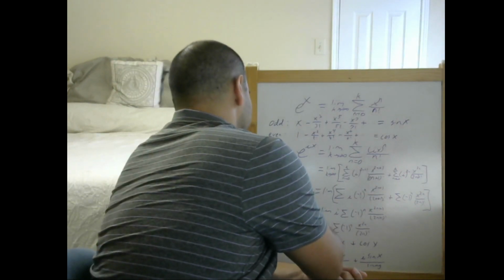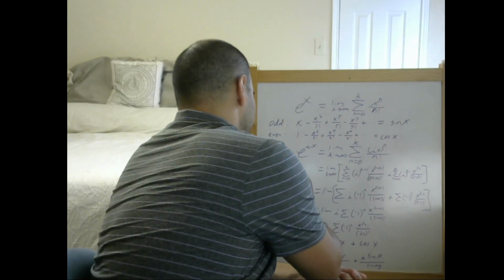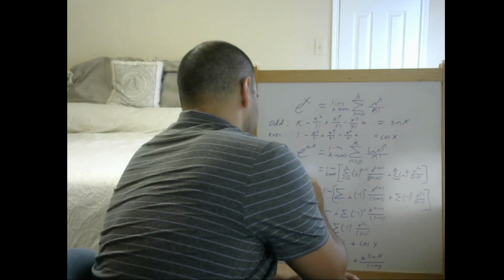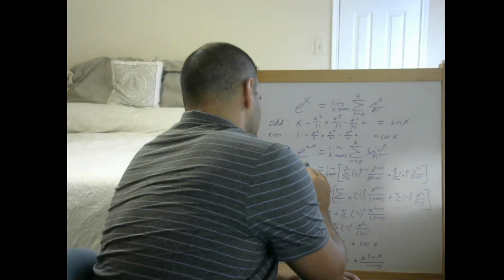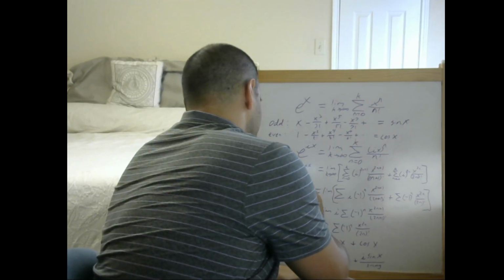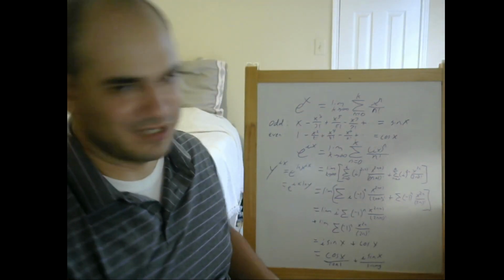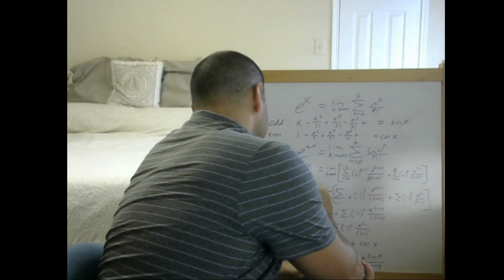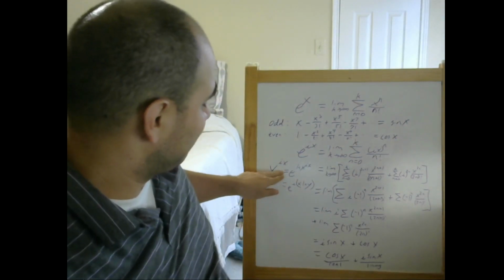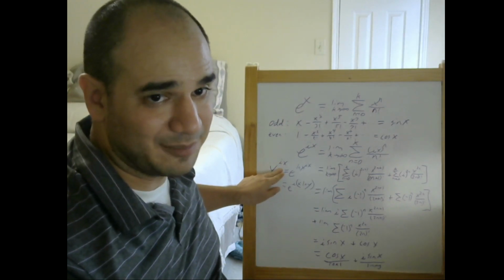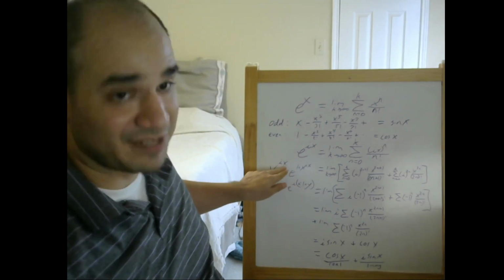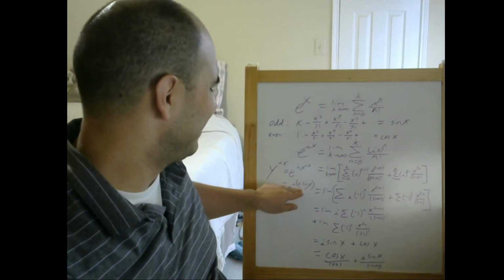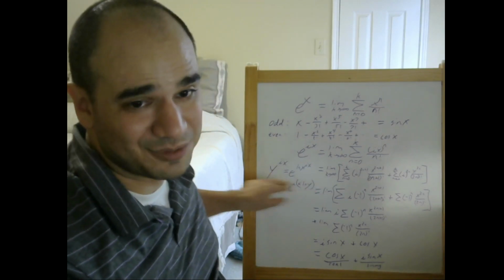So right, through that manipulation, any number raised to a purely imaginary exponent is going to be of the form e to the i times whatever that argument was in the original number, x times the natural log of whatever the base was.